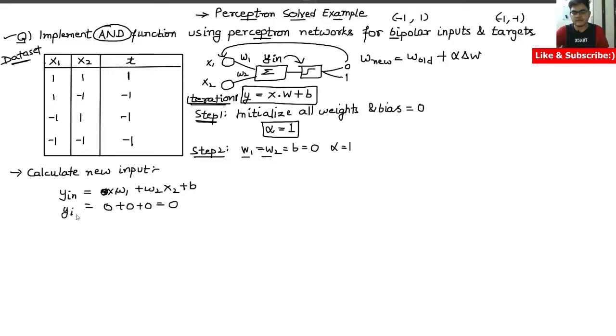So I've just applied this formula here, and I've got the net input. Now we will pass this input, which is step 3. In step 3, we will pass this input to the activation function or the sigmoid function, because in this case we are going to use the sigmoid function.